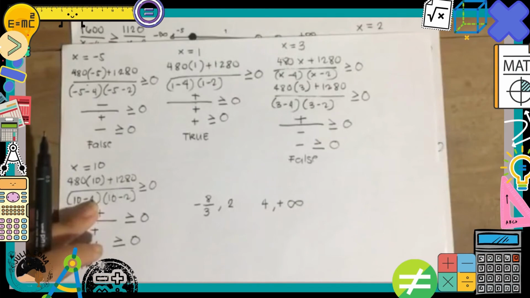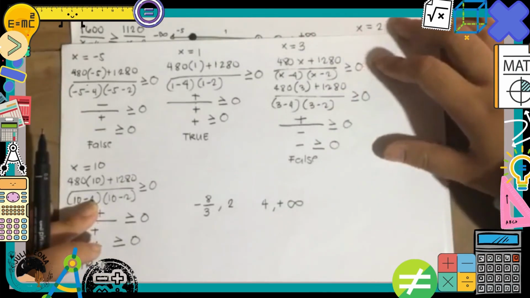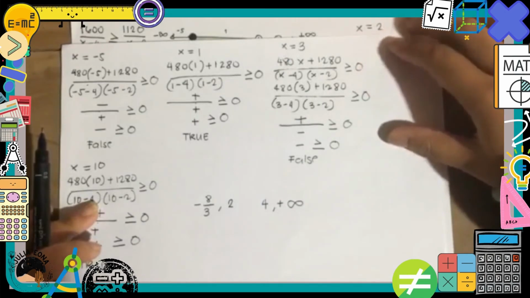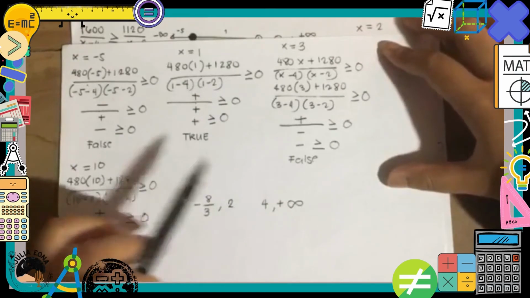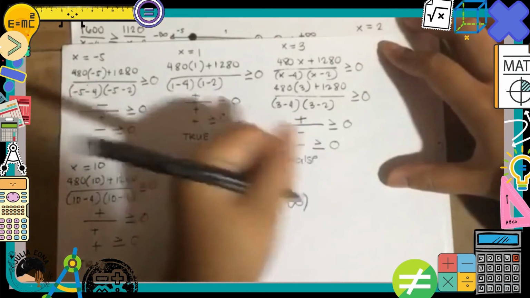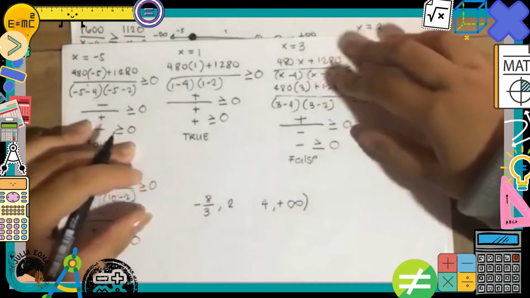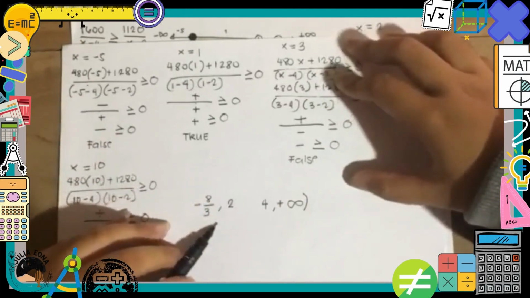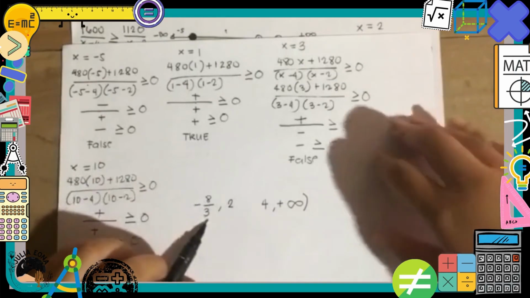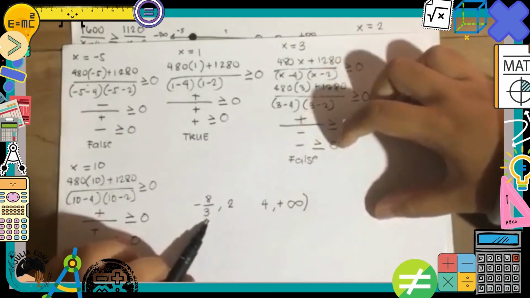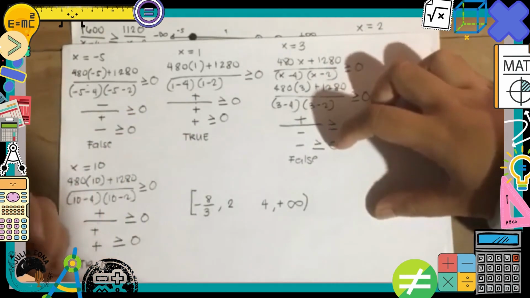Now let us find out which of these endpoints should be included and which should not. Remember, every time we deal with infinity, we must not include it, so let's put parentheses. Now let's check these one by one. Negative 8 over 3 is included in our solution, so I'm going to place a bracket on it to indicate that it is included.